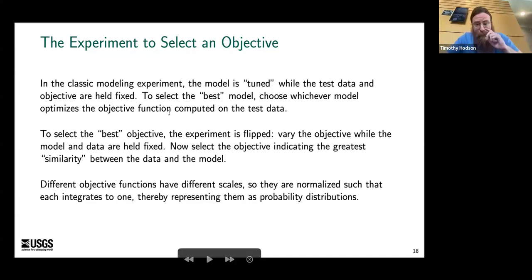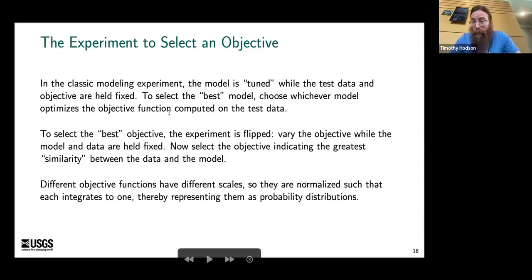There are a couple ways to do this, but here we're just going to vary the objective function, data held fixed. You can actually vary the objective and the model together, but we'll set that problem aside for now, but that's very common in Bayesian methods. Okay, so we're going to tune the objective function, and now we're going to select the objective indicating the greatest similarity between the data and the model. We'll formalize this a little more shortly.